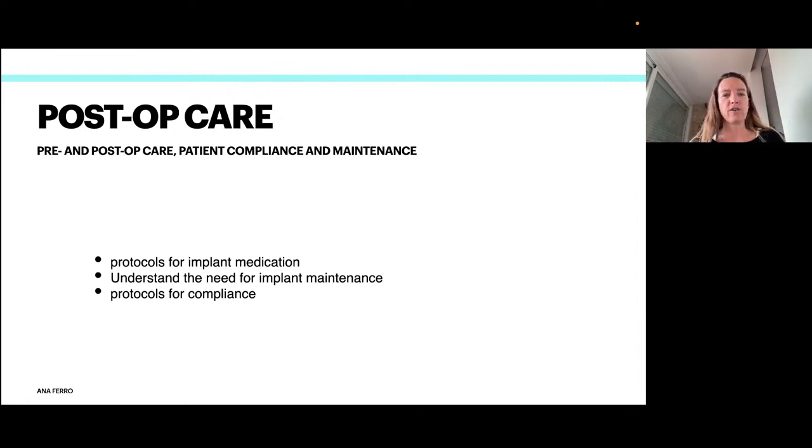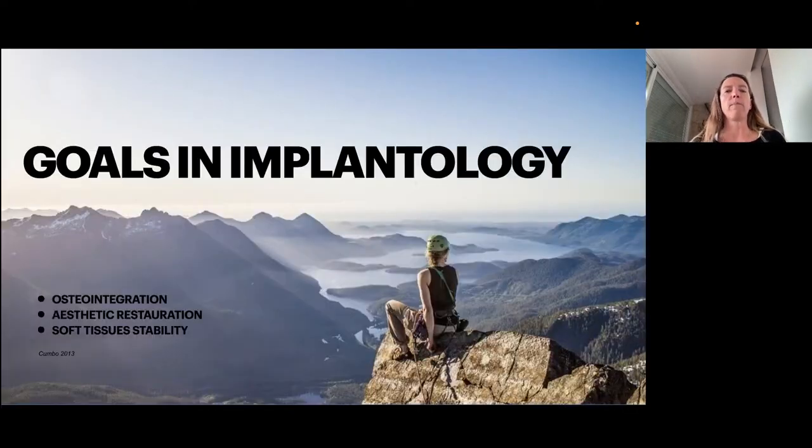So first of all, before starting, it's very important that we understand that we have several goals when we rehabilitate our patients. Of course, we want our implant to osteointegrate and to have success. But also, it's important to understand that patients don't want implants. They want to have aesthetic and functional teeth, so fixed teeth.